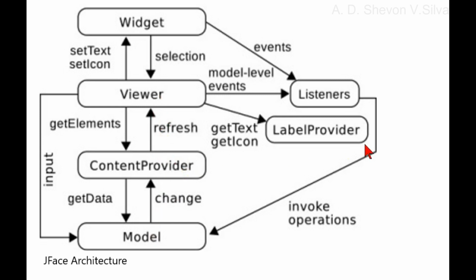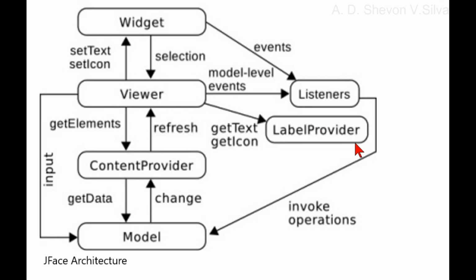The label provider is called back for each element delivered by the content provider, usually to obtain concrete strings and icons to represent the element on the screen. A list viewer will request one text icon combination per element.